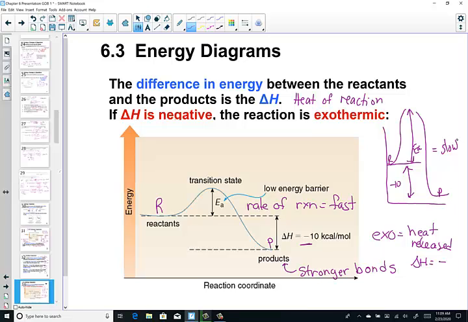So I can get a great indication of the kinetics by looking at the magnitude of EA. I get a nice opportunity to look at the thermodynamics of enthalpy by looking at delta H.